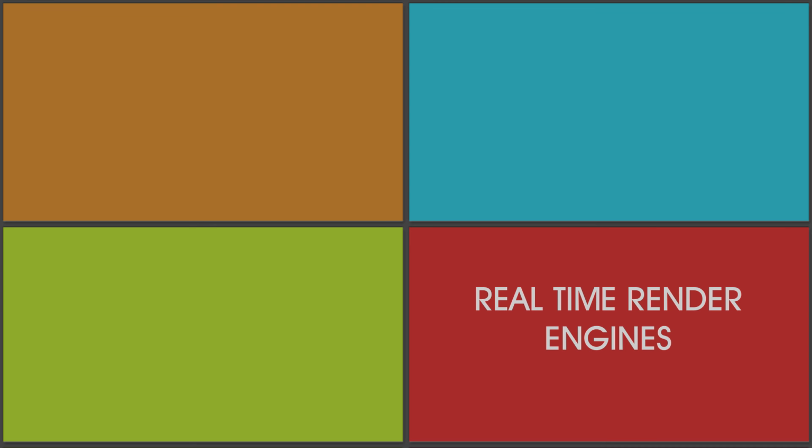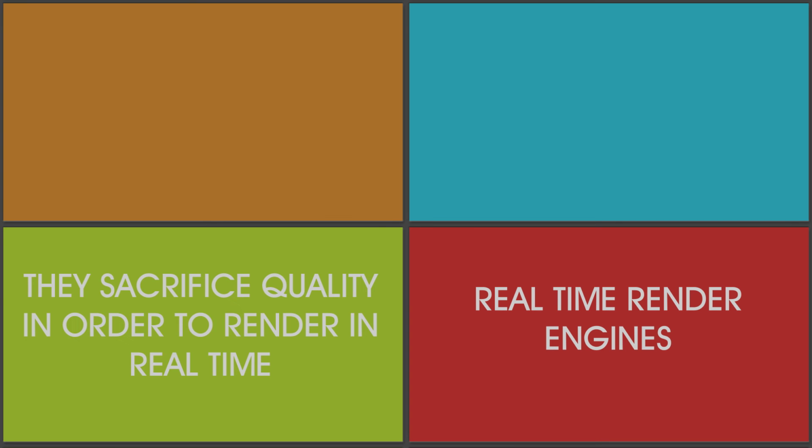An offline render, like V-Ray or Arnold, ray traces almost everything and does pretty precise calculations. But when we use real-time render engines, we sacrifice quality in order to have a real-time render, and for the player or the visualizer to move inside the scene.